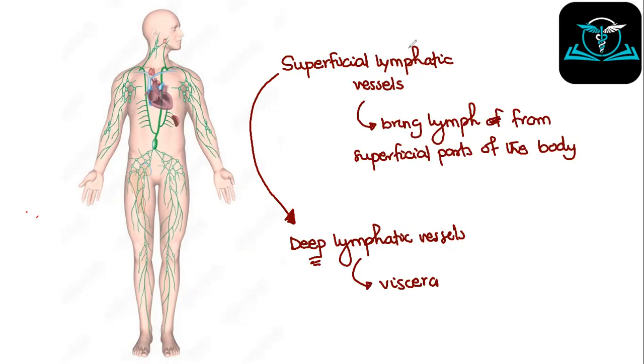Now, generally the channels which carry lymph are organized into about 4 levels. When the lymphatic capillaries absorb lymph, it has to move through some channels before it eventually ends up in the circulation.